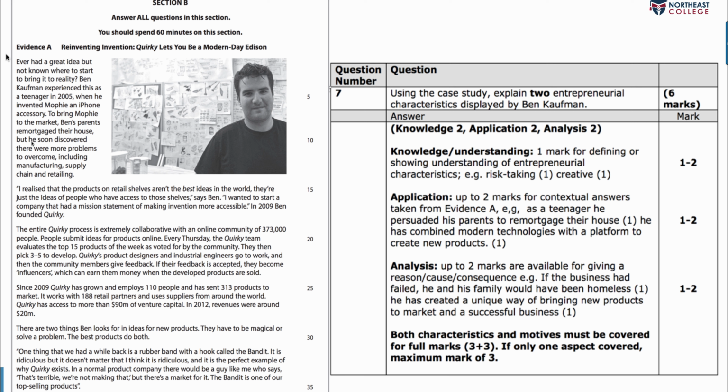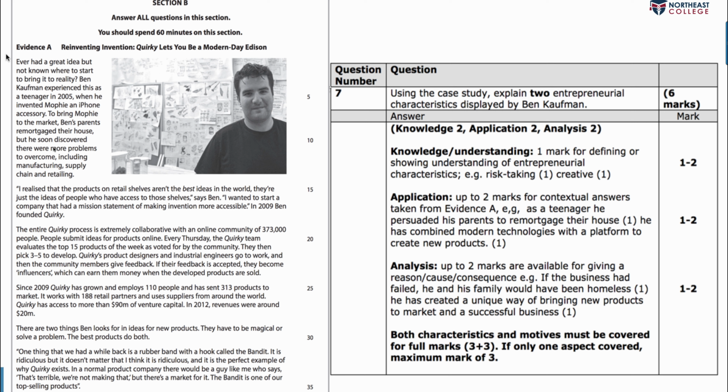Do you see that? When you remortgage your home because of a business, it's a risk because you really don't know whether that business will work. So you can quickly identify that Kaufman is a risk taker. You can just quickly mark that. You are not sure if that's the answer yet, but just mark that. That's one of the characteristics of an entrepreneur, which is a risk taker.